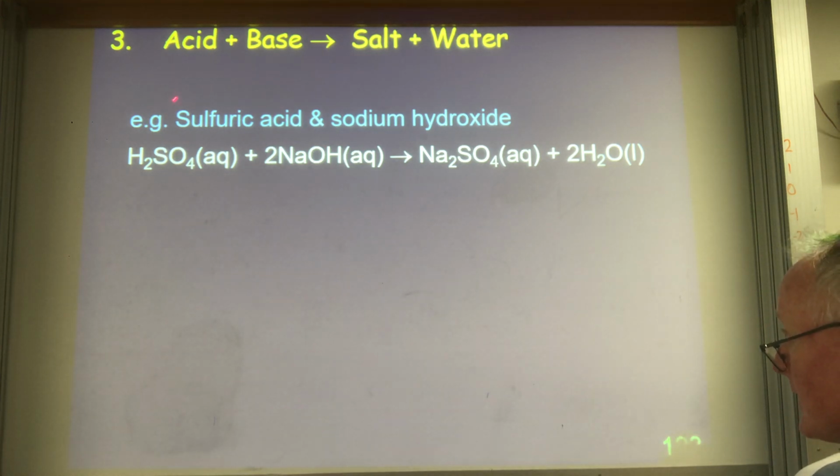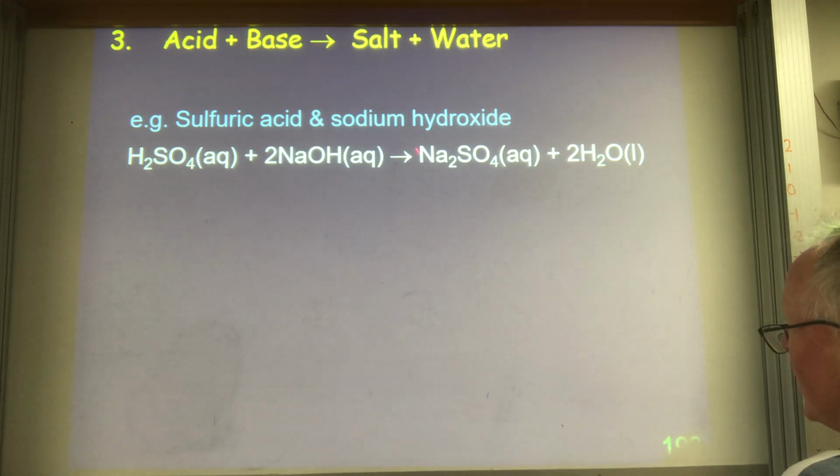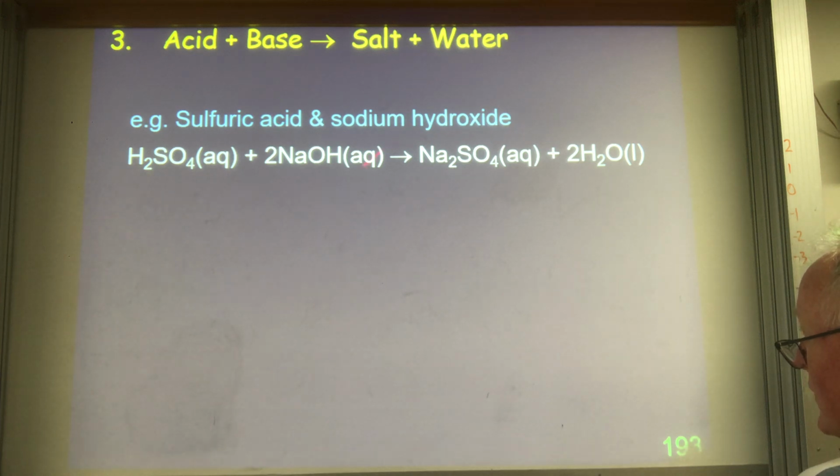So sulfuric acid is H2SO4, and you need to know your basic inorganic acids. So sulfuric, nitric, hydrochloric, you need to know what they are. And if I give you an ionic formula like that, you really should be able to work out the fact that it's NaOH.